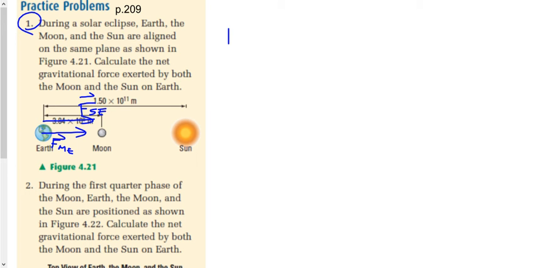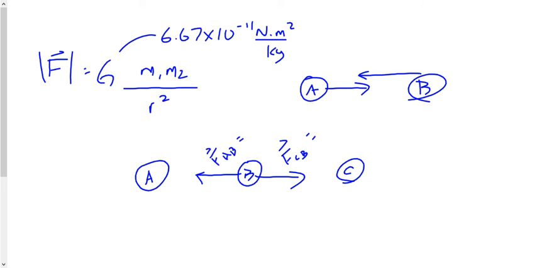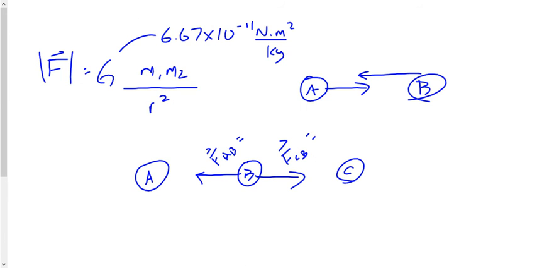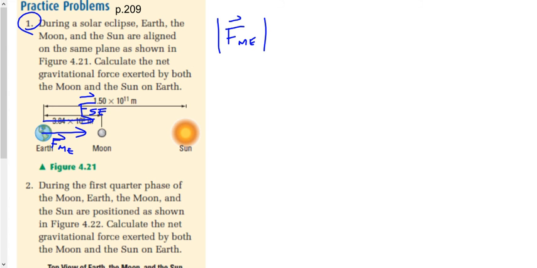The good news is in the example question, we already did that. The force of the moon on the Earth in the example question that we did yesterday was what? G M1 M2 over R squared, right? This mass over this distance squared. What was its value? 1.98 times 10 to the 20 newtons.